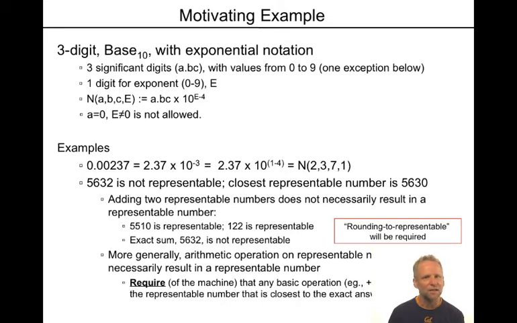They don't get the exact answer, but they always get the closest representable number to the exact answer on those basic operations. We'll see that when we cascade or do 2 operations in a row, the errors that we're accumulating can add constructively, and the final result is not so good. But on a single operation, this is what we'll require.